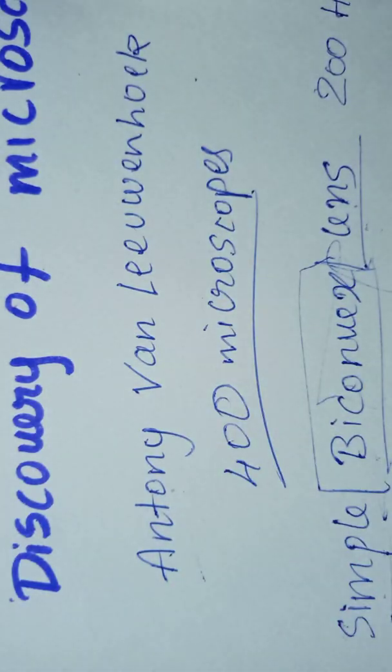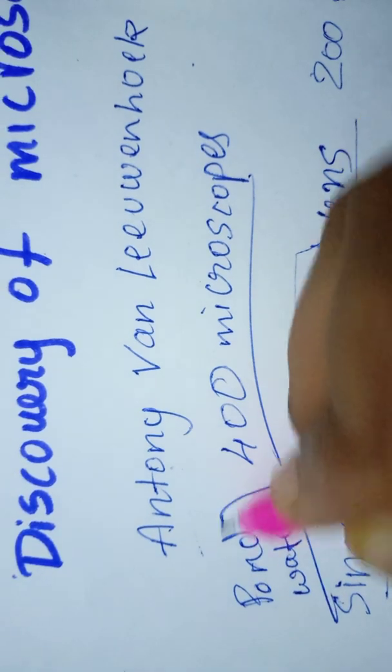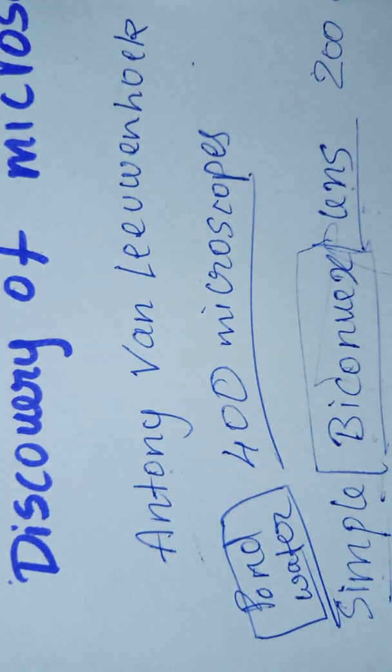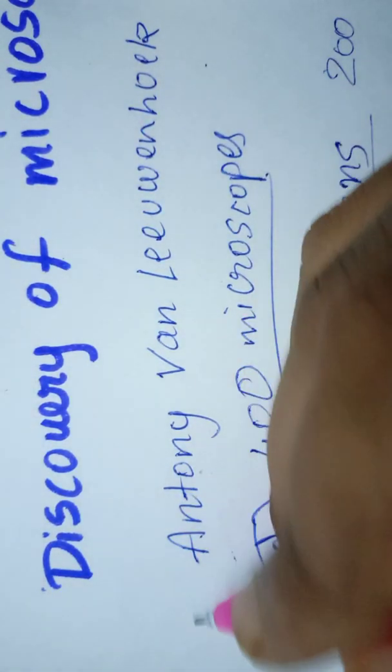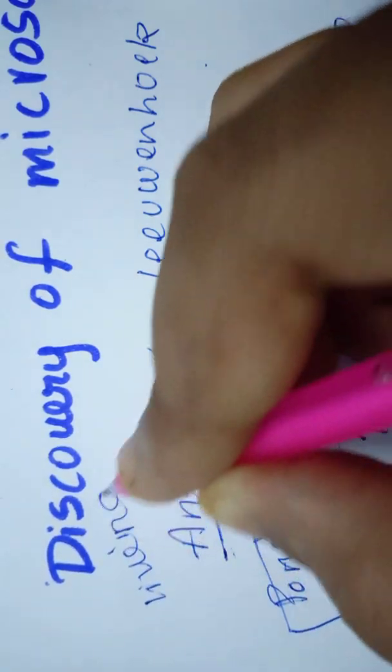Now he thought, we have to use the concave mirror and magnify. After Robert Hooke, he took pond water, observed a pond water drop in that microscope, and discovered the living cell. This Antony van Leeuwenhoek discovered the living cell.